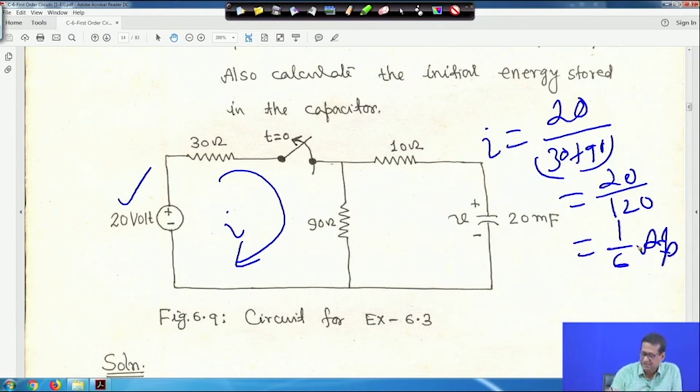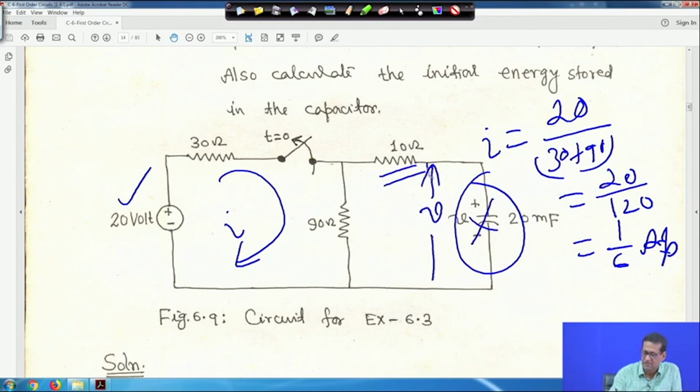Then what is the voltage? As this is an open circuit, no current is flowing through this. So this is the voltage across the capacitor when the switch was closed. The switch was open at t equal to 0, before that it was closed. So this current I is flowing, right.